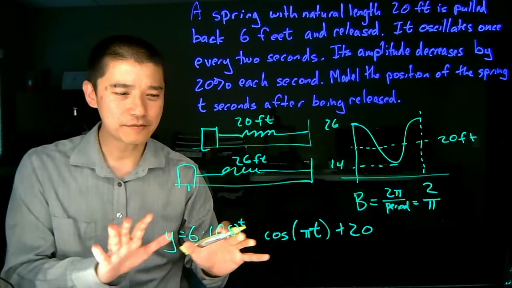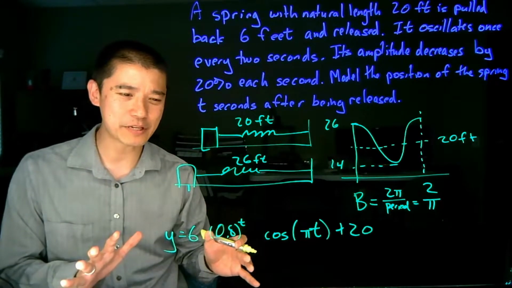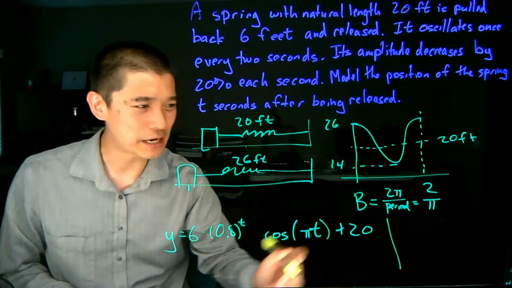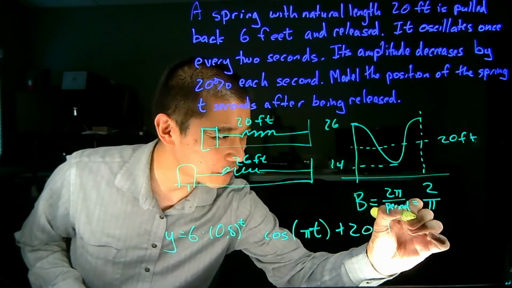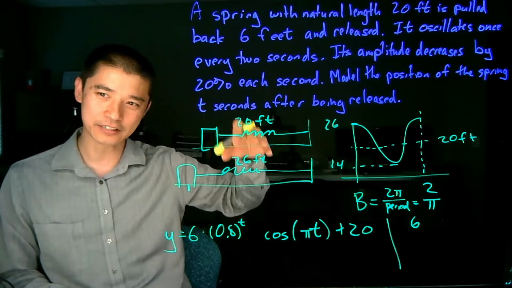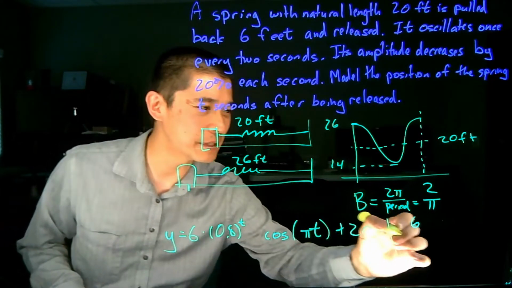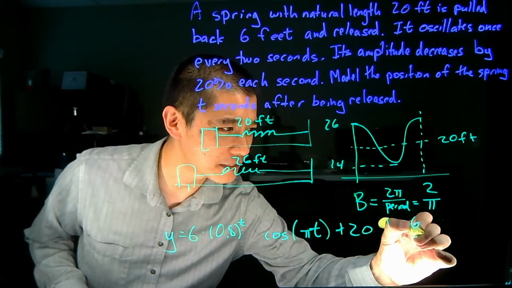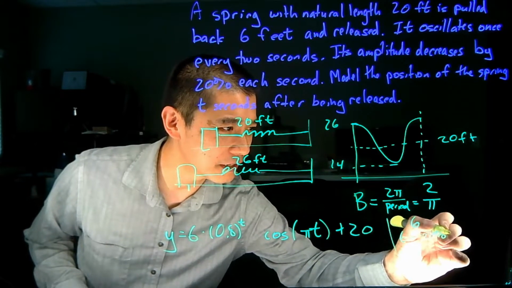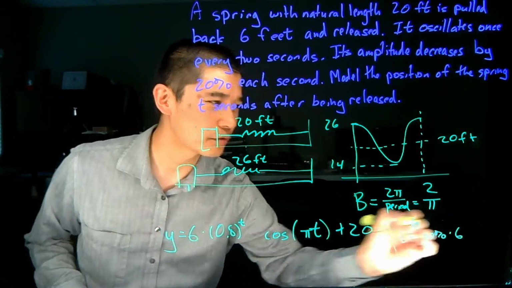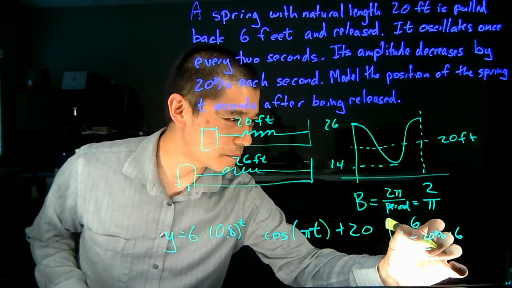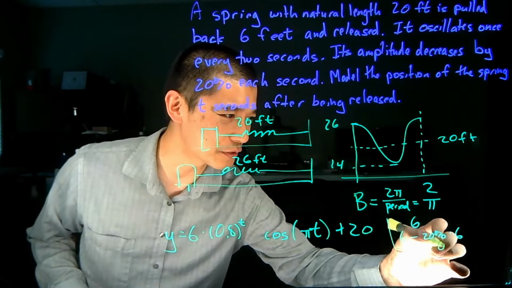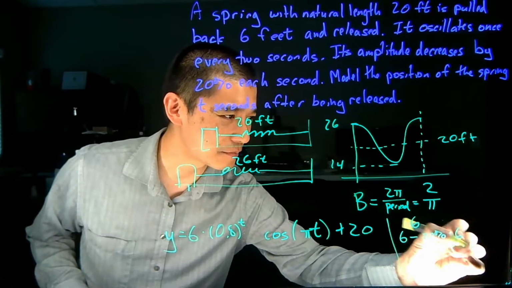Right, so this value right here feels like it comes out of nowhere at first. With a little bit of practice and experience, it feels much more intuitive. Basically, what it's saying is that we're starting off with 6 feet of oscillation. 1 second later, it's going to be 6 minus 20% of 6. And so when you factor out the 6, you get 1 minus 0.2, which is 0.8 times 6.